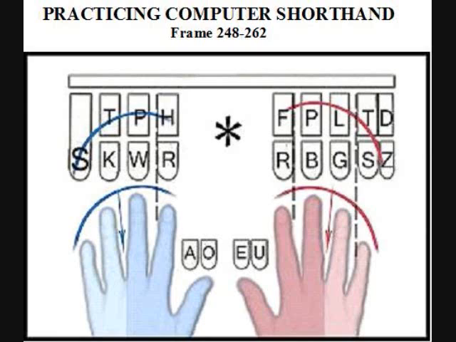Okay, frame 261 is won't when it comes second in the phrase.